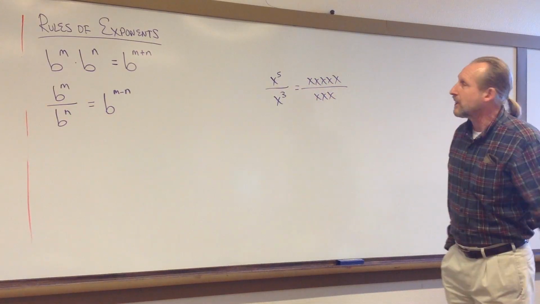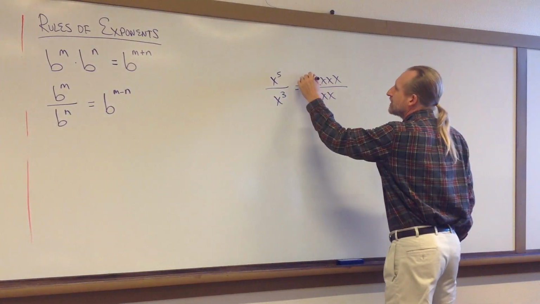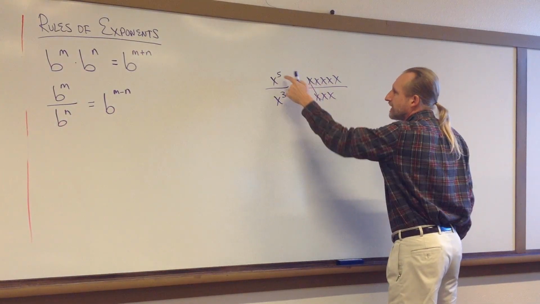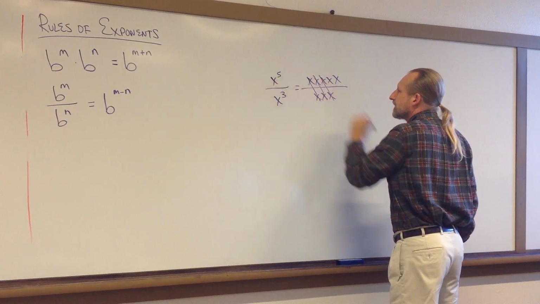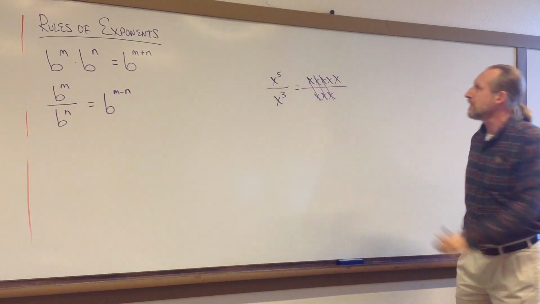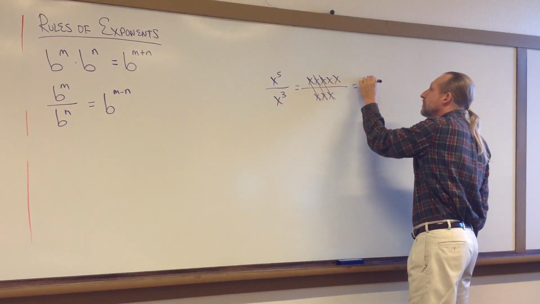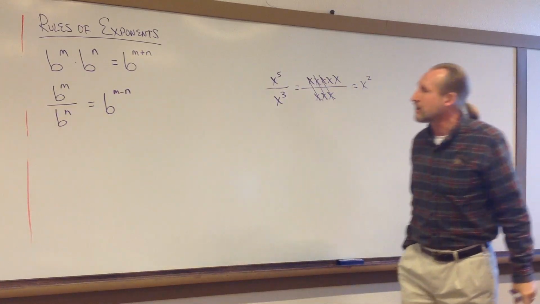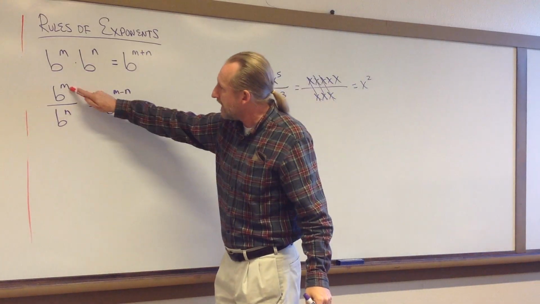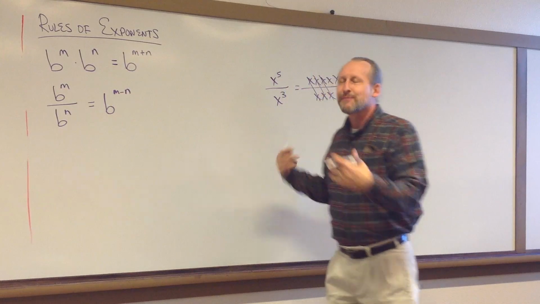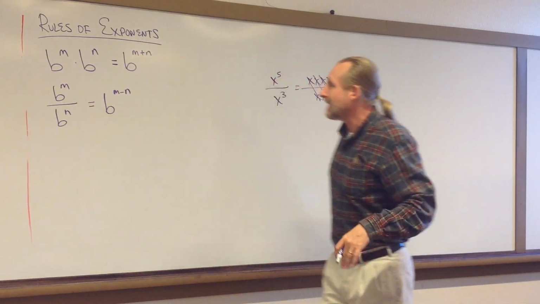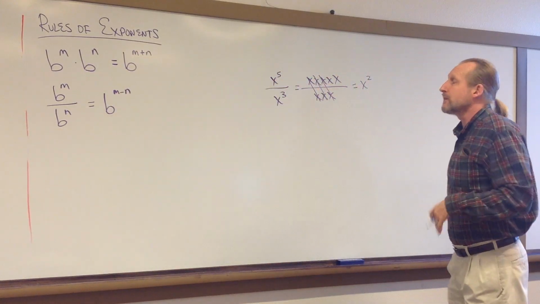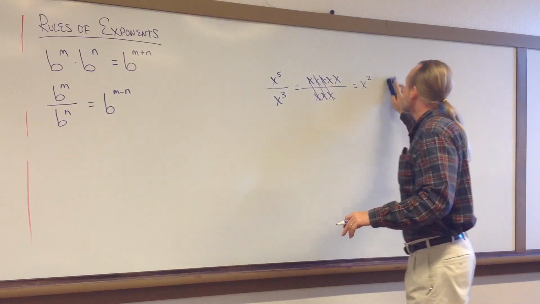There's our x cubed on the bottom. And what happens is that these 3 x's cancel out 3 of the x's up on top, and we're left with 2 x's being multiplied together, which is x squared. So that's why we subtract the n from the m, because that's how many x's are going to be left. All right.